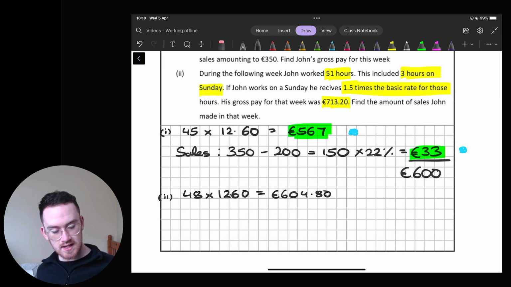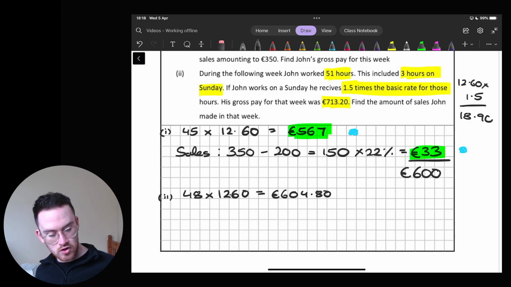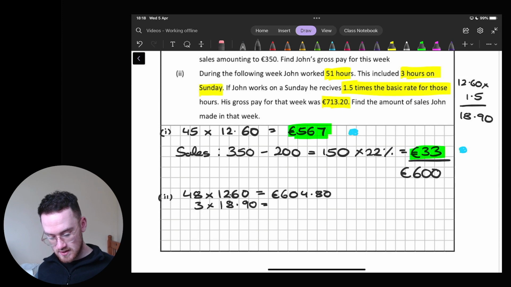On a Sunday, he gets time and a half. If his regular rate is $12.60, then time and a half, 1.5 times that, will give me $18.90. So for the 3 hours that he works on a Sunday, he actually gets $18.90. And that's going to give me €56.70.